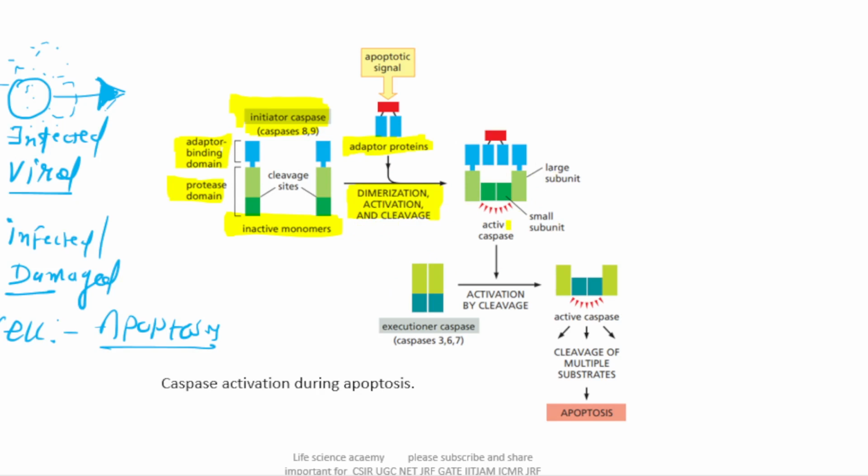So caspases are proteases which dimerize to get the active form and then cleave. This is the adapter signal. This is the apoptotic signal, which is interacting with the large subunit, and this is the small subunit.